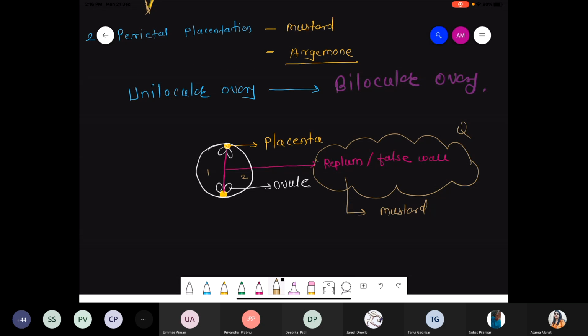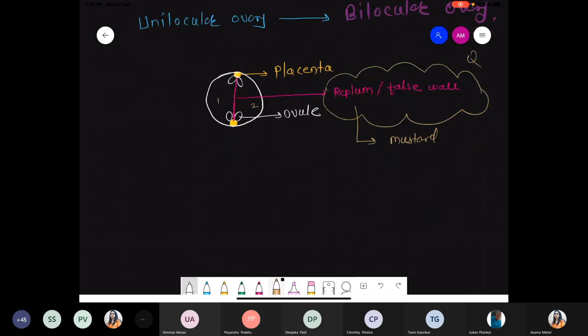Now, next one, number 3, which is the most common, axial placentation. Third one, axial placentation. Axial placentation is present in most of the angiosperms. These are the most common in angiosperms. Others also exist, but basically axial is the most common in the case of angiosperms.